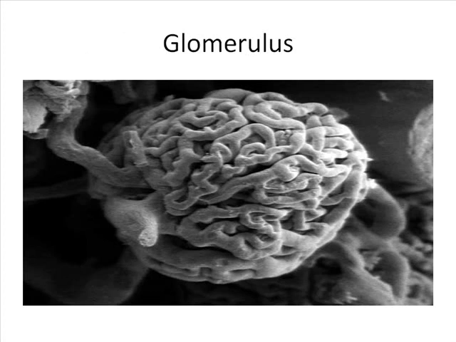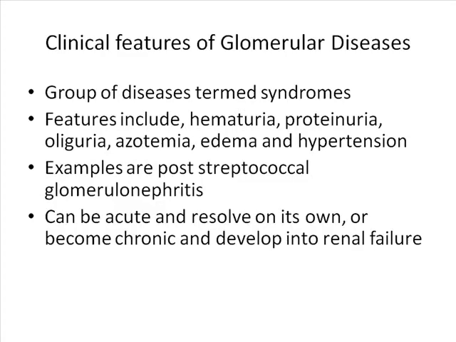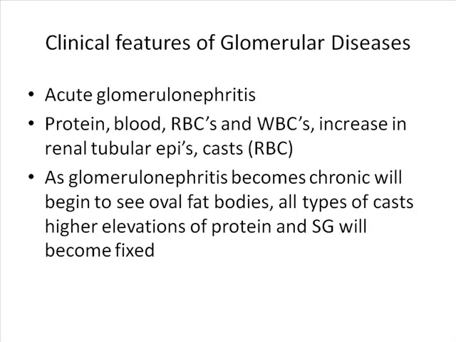What happens then? Calls complement over. Complement starts drilling holes. What's going to happen? It's going to drill holes right into this glomerulus. What are you going to get? Leakage of more blood, more protein into the urinary system. What are you going to start to see? You're going to start to see red blood cell casts and blood in the urine when you have glomerular nephritis.